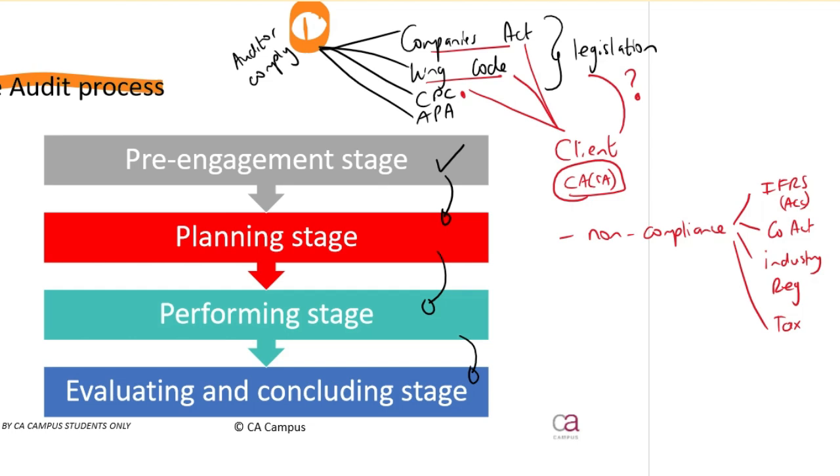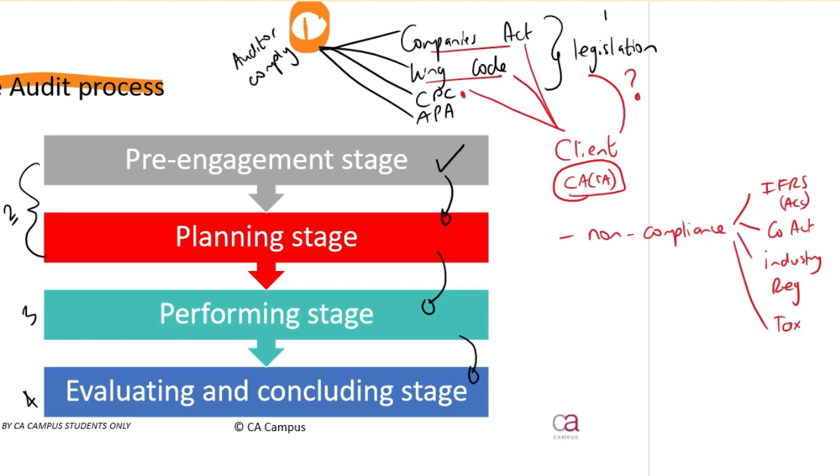Okay, where does the audit process and all of this fit into our tests? Well, pre-engagement and planning is going to be addressed now in test 2, performing in test 3, evaluating and concluding in test 4, and the legislation has been addressed in test 1.